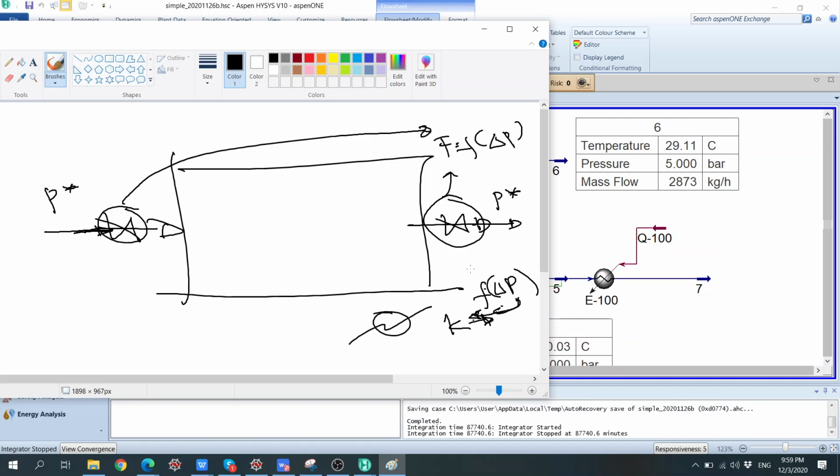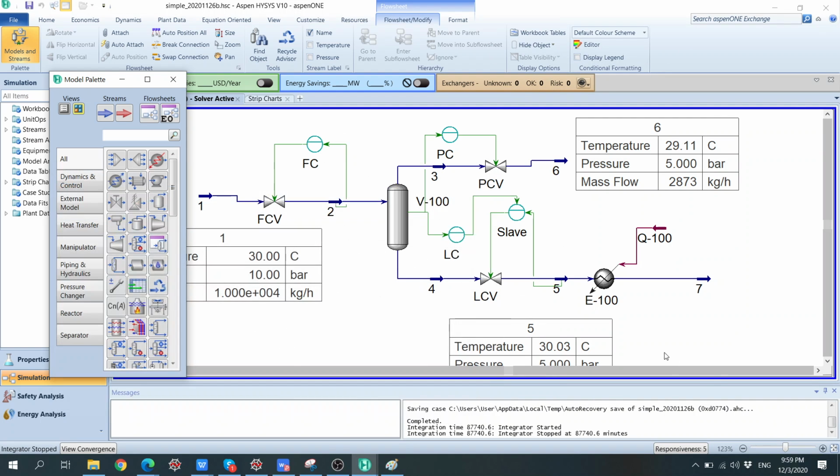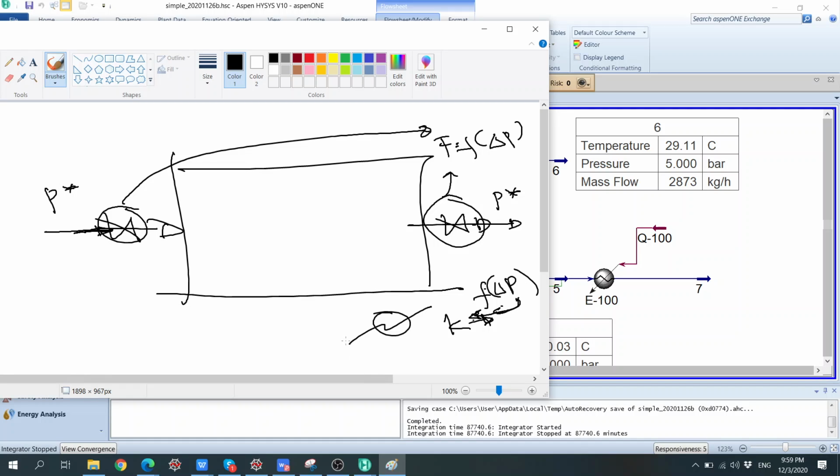So in this particular case, we don't need to add a valve. You can if you want to, but not necessarily. If we have already the heat exchanger, we'll show you. But in this particular case, we need to specify the pressure here.